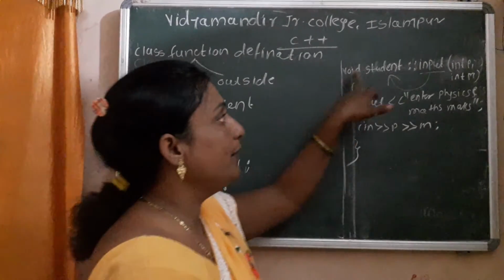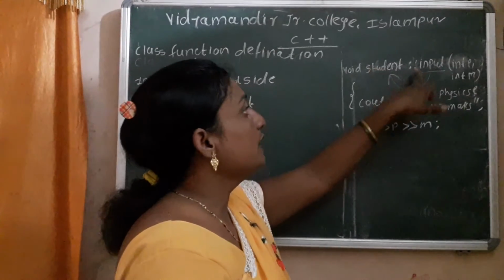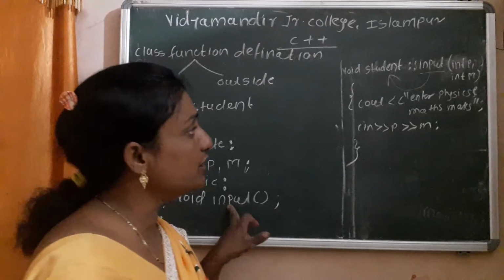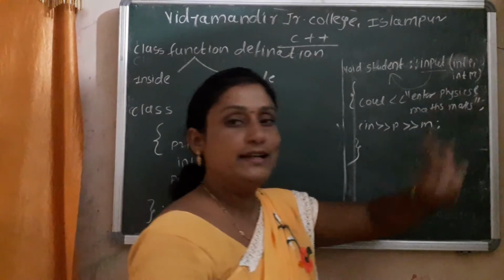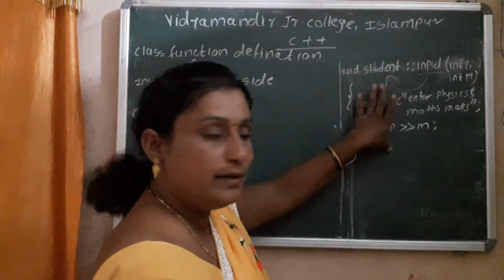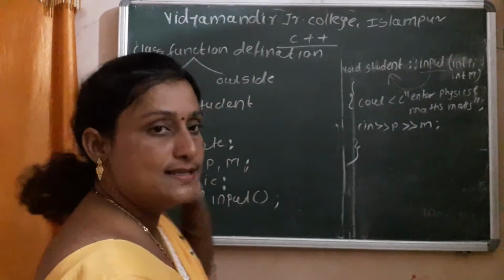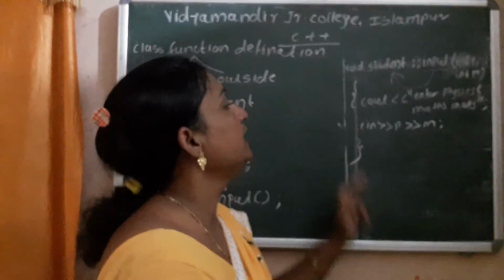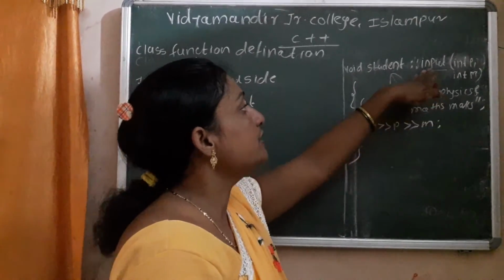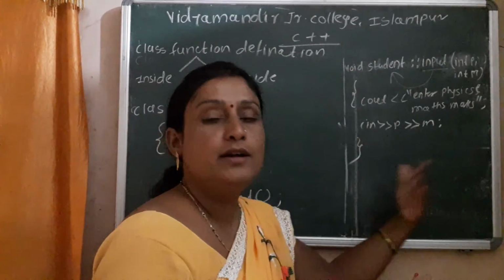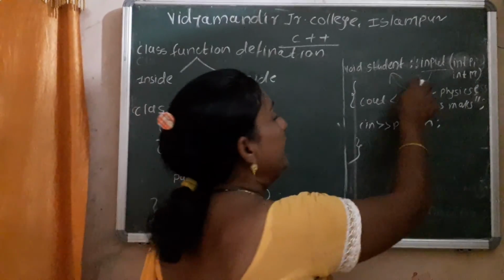First we give the data type, our class name, the scope resolution operator, and our function name. Here I write the function name input with p and m as the variables. The function body is the same outside as inside, but in an outside class definition we must define the function using the appropriate syntax, which we discussed in the previous part. That is the outside class definition.